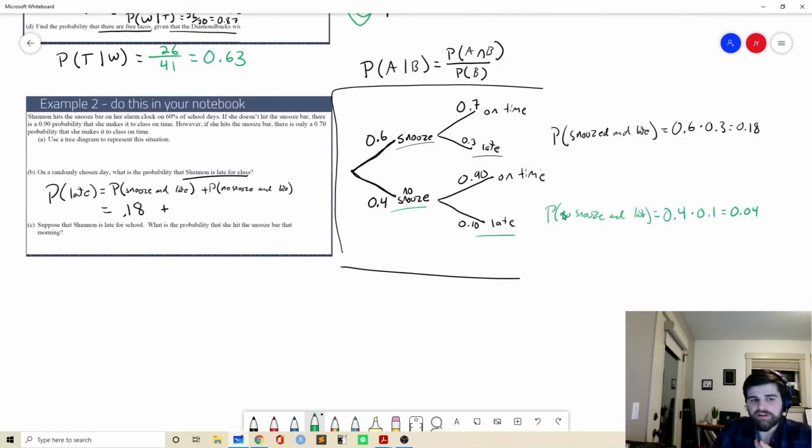Okay, let me go through that again. So again, she does not snooze 40% of days, and then she's late 10% of that 40%. 10% of 40% is 4%. So we're going to add that to this, and we get our final answer. She is late 22% of days.